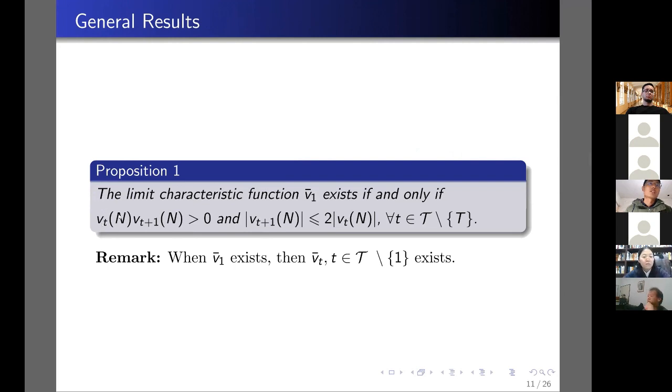It means that they are always positive or always negative. And this condition means that the worth of grand coalition N in a subgame is at most twice its worth in the previous subgame. Note that when the limit V bar 1 exists, then V bar t exists for any subgame along the cooperative trajectory.